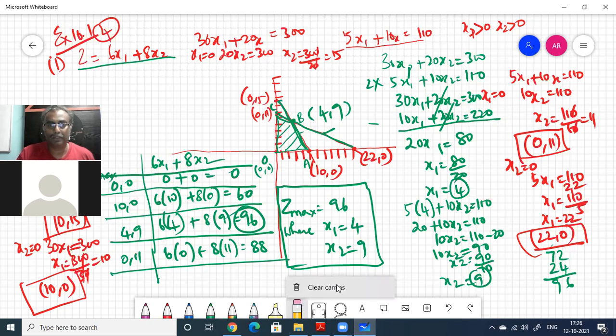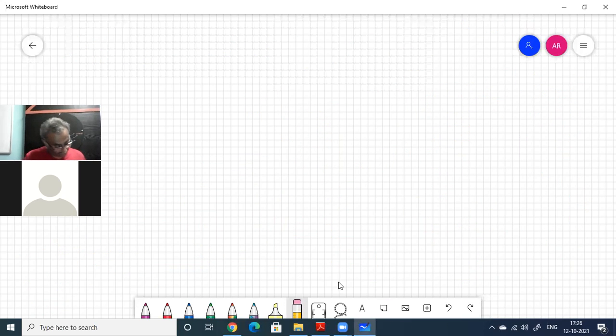Let us do a minimize problem. Which one is the minimize problem? Third one is the minimize problem. Okay, let us do the third problem, exercise 10.1, fourth one.